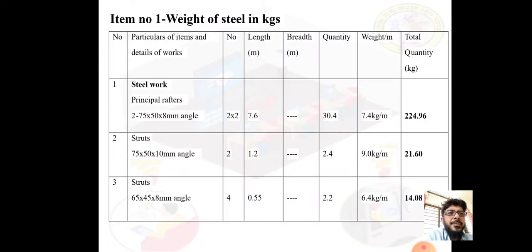Now this is the first item we have to calculate. Item number 1 is weight of steel in kgs. As I told you earlier, you have to take a printout of the page where I have marked each component of the roof truss with red color numbers.